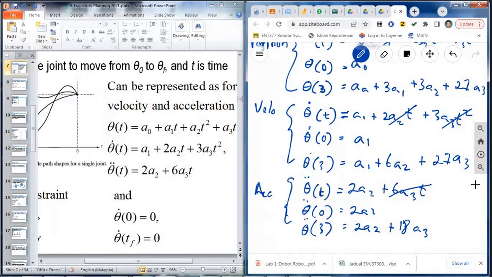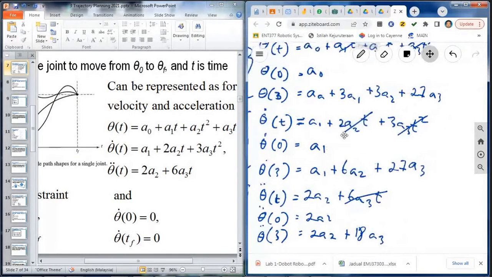So you have 3 equations now. Some equations you already have the value. So this is equation 1, equation 2, and this is equation 3.